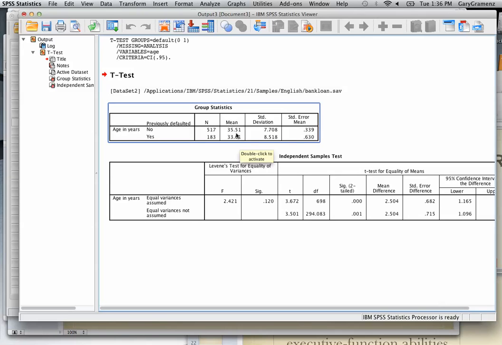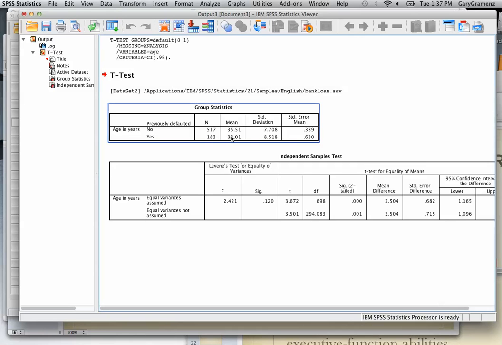So the mean score, which is the same thing as the average age of the people who did not default on the debt, was 35. The mean age of the folks who did previously default on their debt is 33. The N is the number of people in our sample who answered no, and the number of people who answered yes. And since we're dealing with averages, that number doesn't affect us at all, actually.